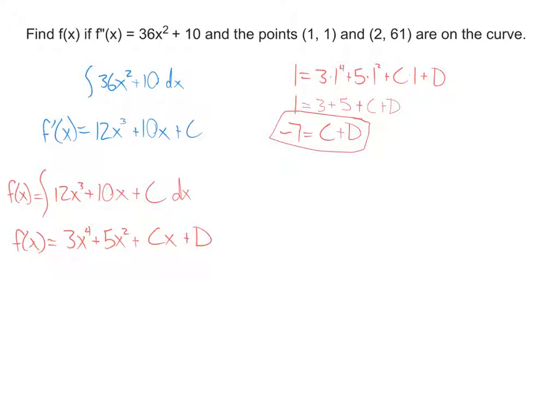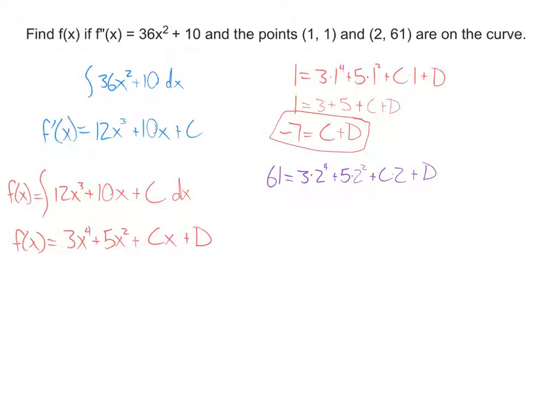The other equation we're going to get by plugging in (2, 61). So let's do that here. It equals 61 when x is 2. So 3 times 2 to the fourth plus 5 times 2 squared plus c times 2 plus d.